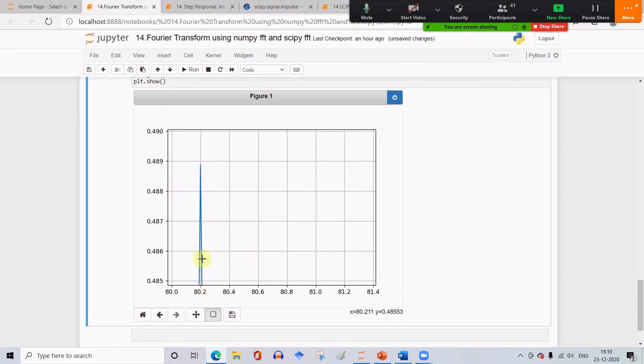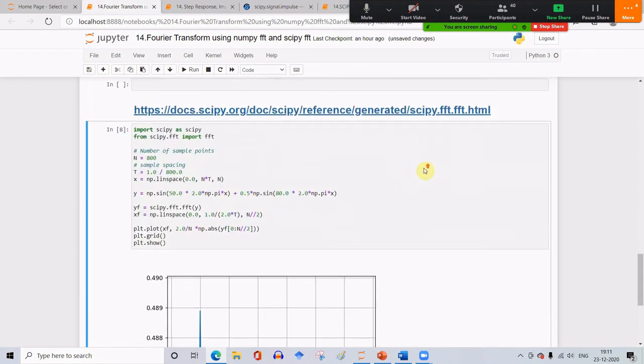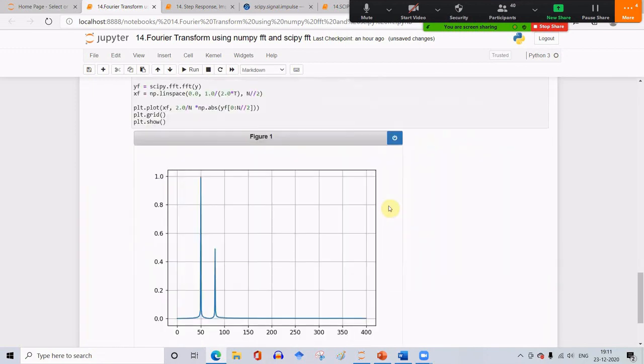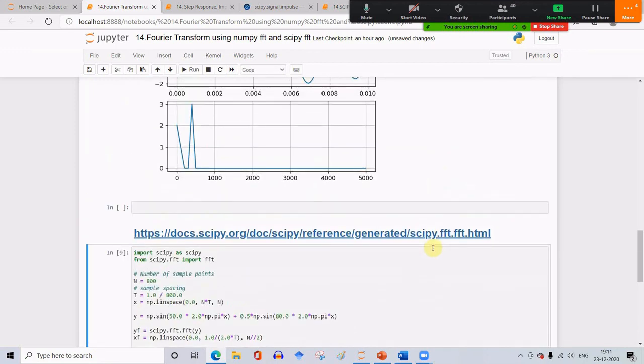Okay, so 80 comes in the middle of this and the peak value is 0.5. Followed? Okay, so that is about using the FFT function from the SciPy subpackage scipy.fft.